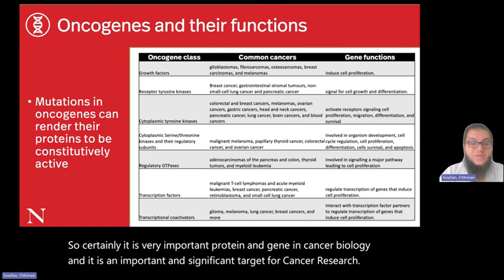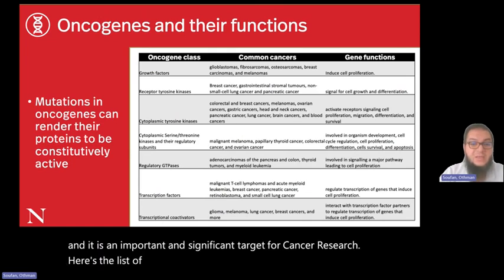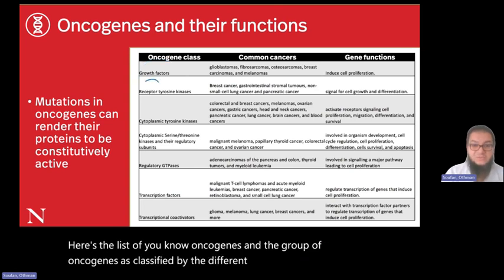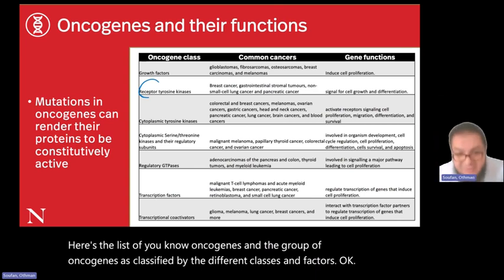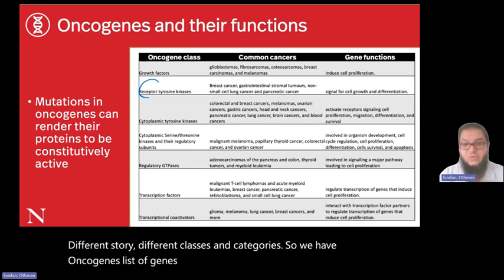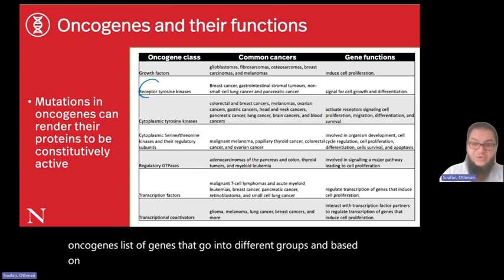Here's the list of oncogenes, classified into different classes and categories. The genes go into different groups, and based on that, there is a function related to that group.